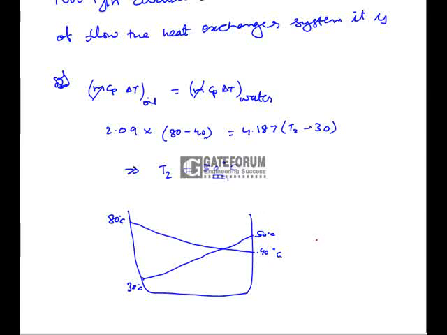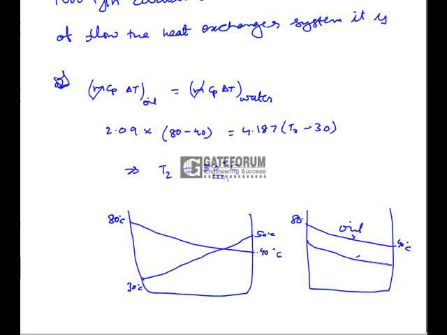So if we consider a counterflow heat exchanger, the oil enters at 80 degrees centigrade and leaves at 40 degrees centigrade, and the water enters at 30 degrees centigrade and leaves at 50 degrees centigrade. So the only possible way is a counterflow heat exchanger. So the type of heat exchanger is counterflow heat exchanger.